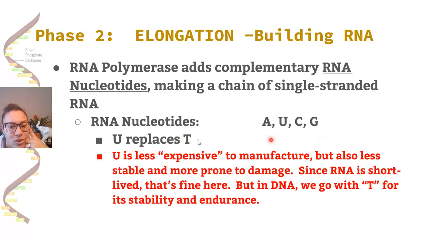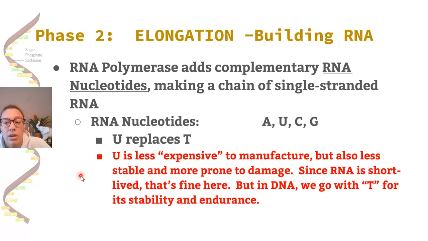And why do we have U's in there? It's going to be a less expensive base to create. It's also got a very short term lifespan, which helps eliminate some of the issues where the DNA could be impacted by other molecules that could come and attach and cause some issues to it.